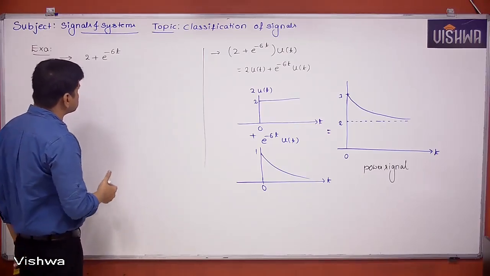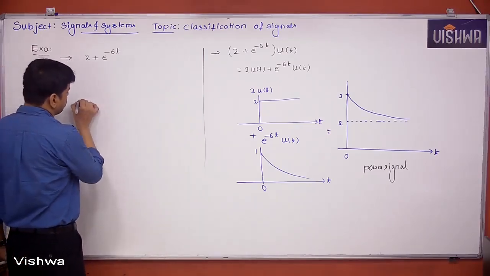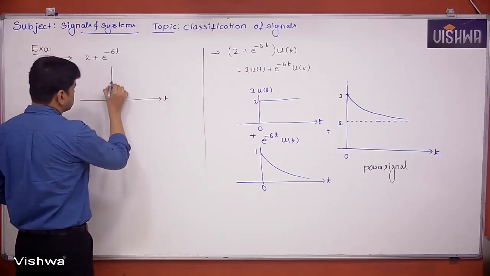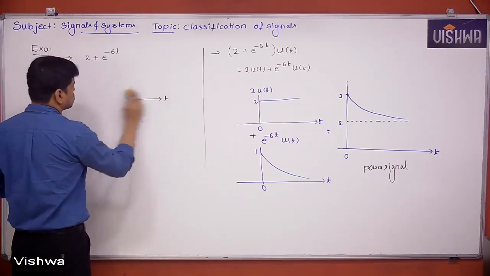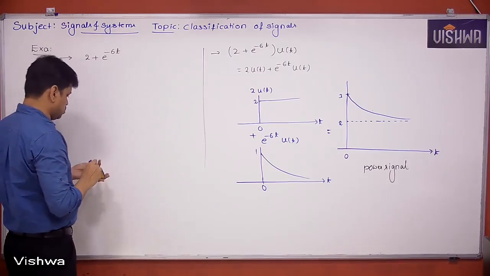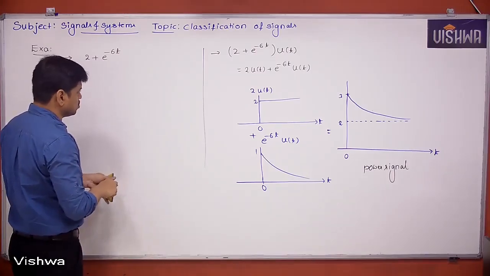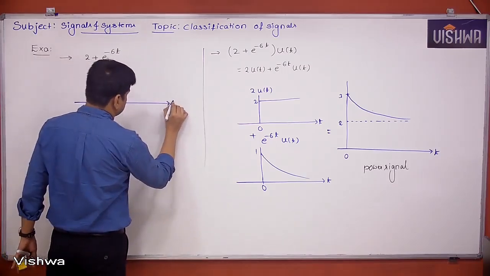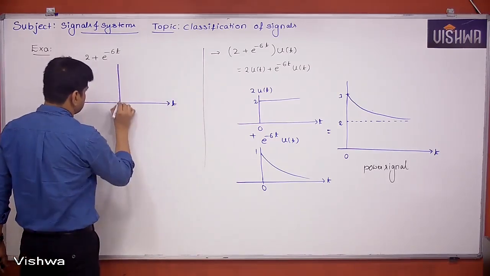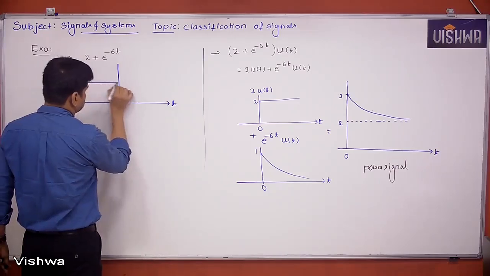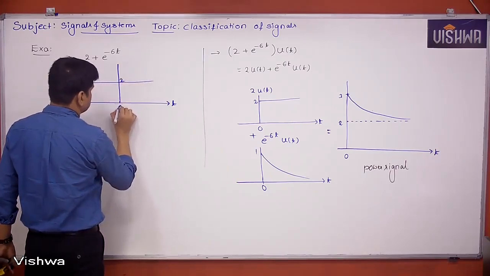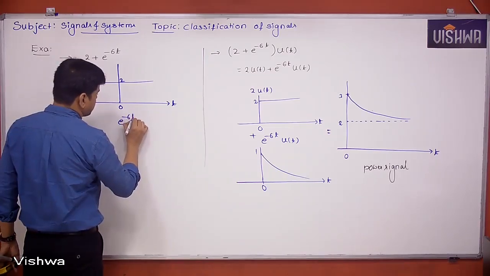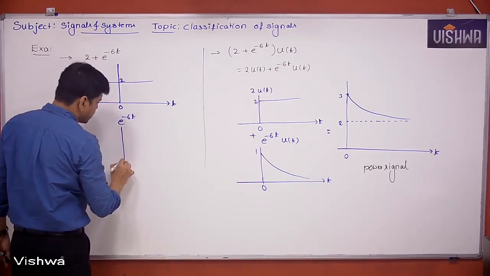Why is it not a power signal? You can understand easily. Let's see. 2, how does it look like? This is the 2. Next, e power minus 6t. See, e power minus 6t is an exponentially decaying function.